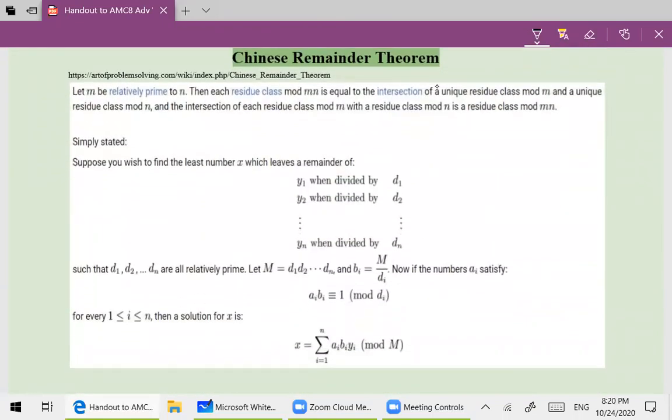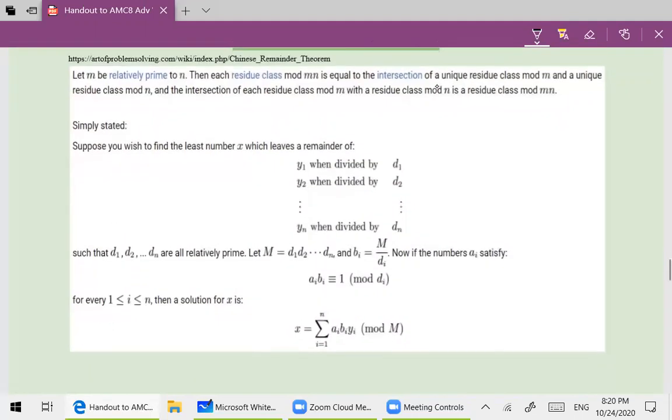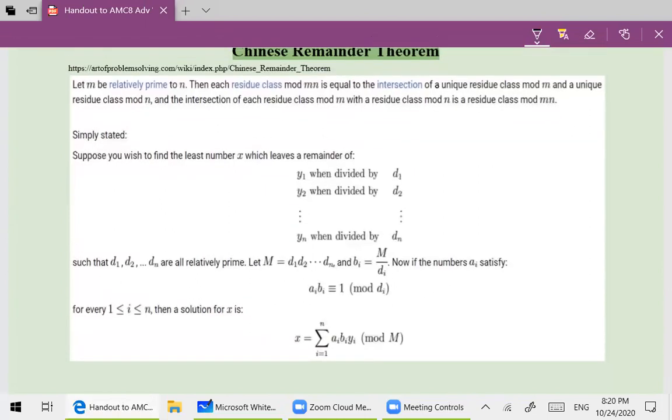Okay, Chinese remainder theorem. You can read this by yourself later. It's basically just saying that for a series of congruences, if all of the moduli are relatively prime to each other, then there is exactly one unique solution mod their product.